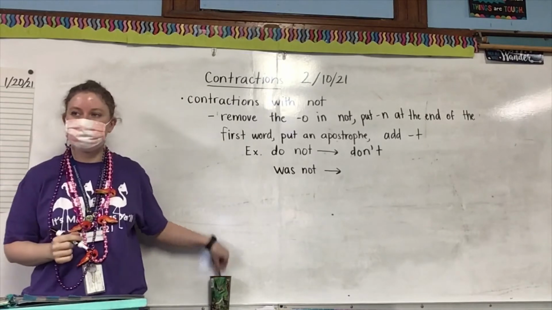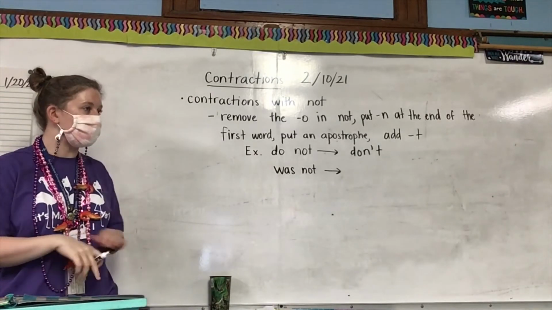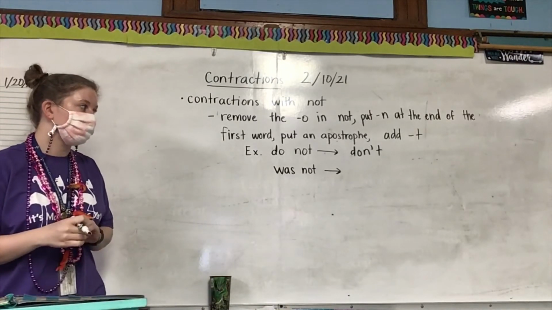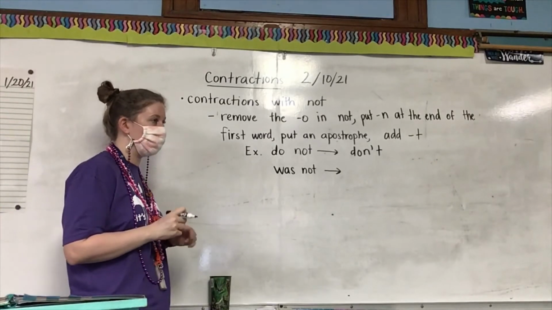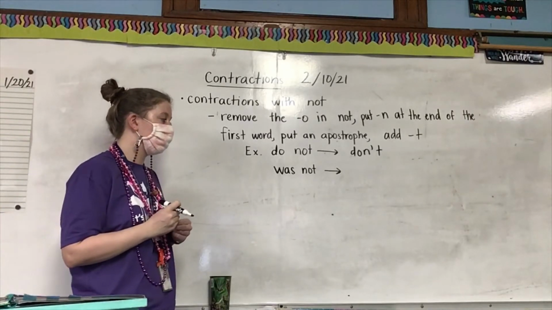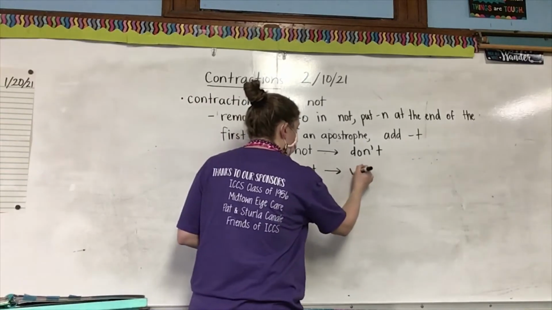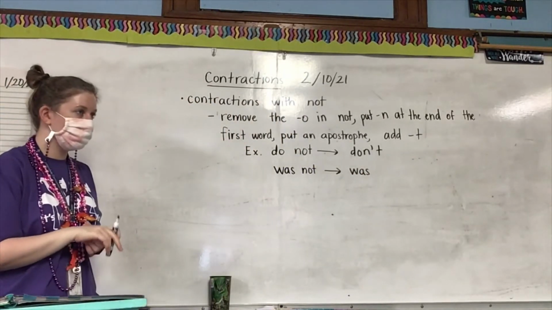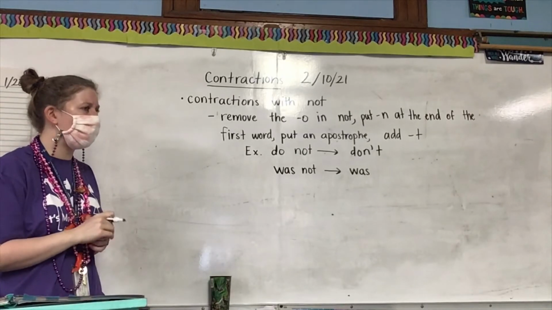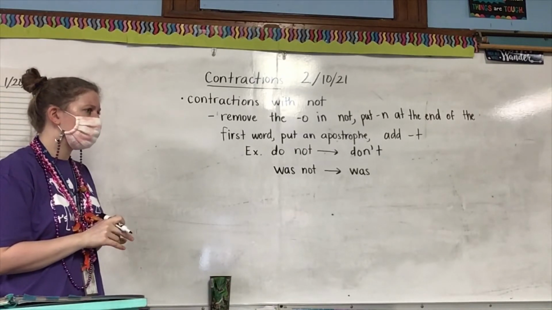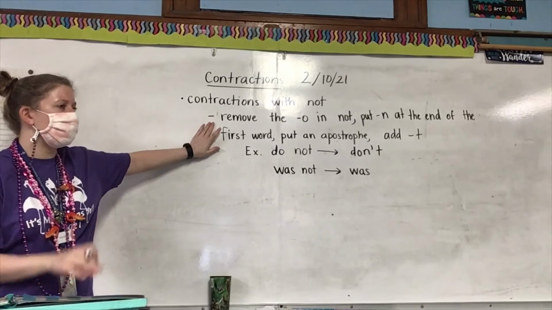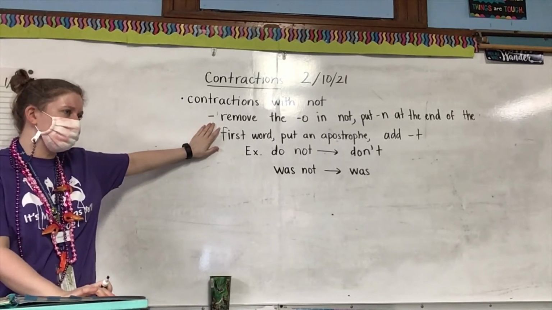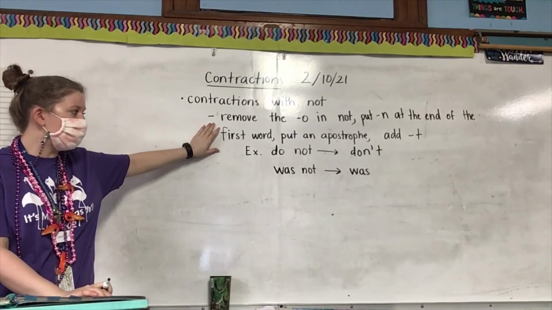Was not. Zadie, wasn't. How do I spell it? Tell me how to spell it. W-A-S. So we have was. Our first word's not going to change. Do we ever add E? When we have contractions with not, does it say to add an E? No. What does it say to do next?